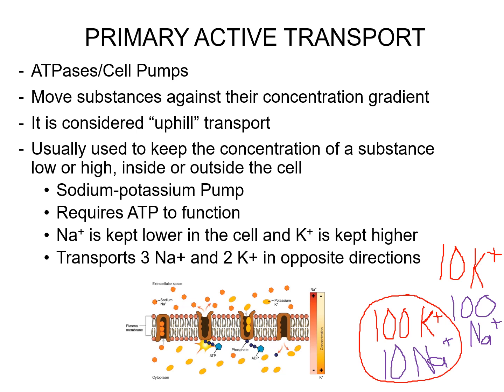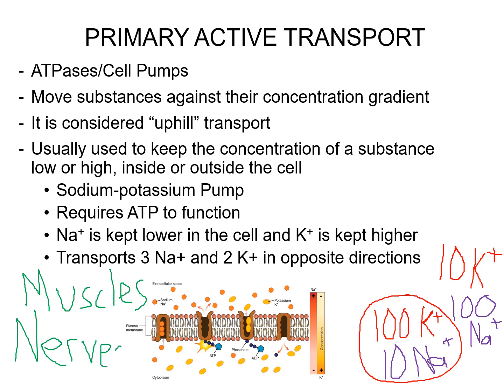So let's talk about structures in our body that run on electricity, such as your muscles. Example, skeletal muscles and your heart muscle. Also, all of the nerves and other nerve-like things in your nervous system run on electricity.